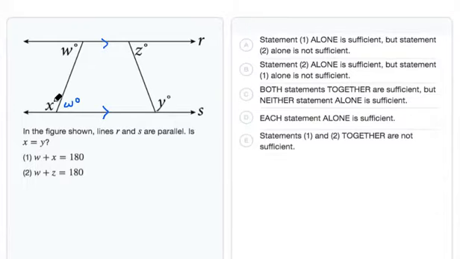If this angle's X, this angle is also X. By the same pattern, this angle would be Y, and this angle down here would be Z.